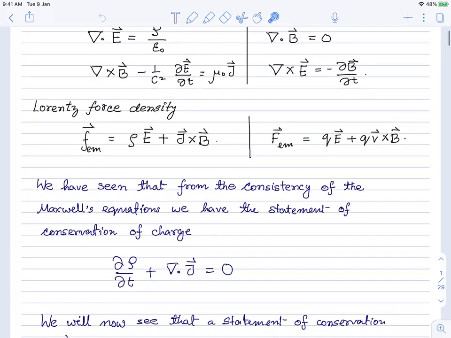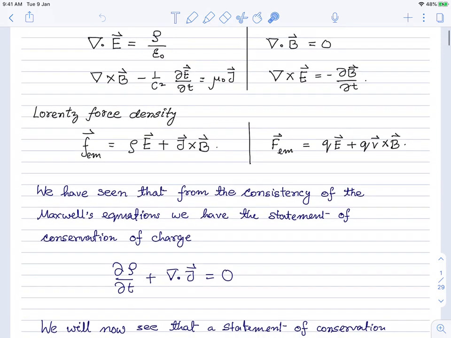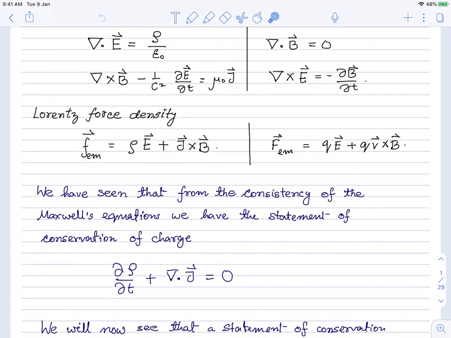And it is also true that these energy, momentum, and angular momentum conservation laws follow from some symmetry arguments. But we will revisit these conservation laws when we have done the Lagrangian formulation of electrodynamics.